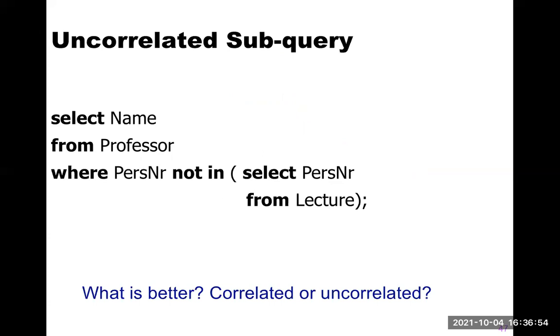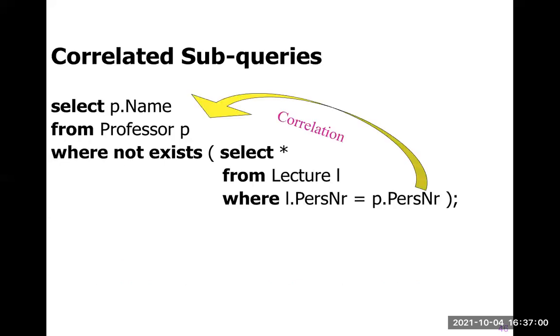But in many cases, optimizers may find a better way to execute a query. And even in case of a correlated subquery, it may be faster. It may convert it into a join and then apply multiple join optimization methods. But the result will be the same.